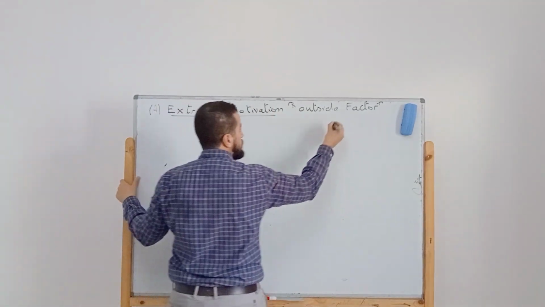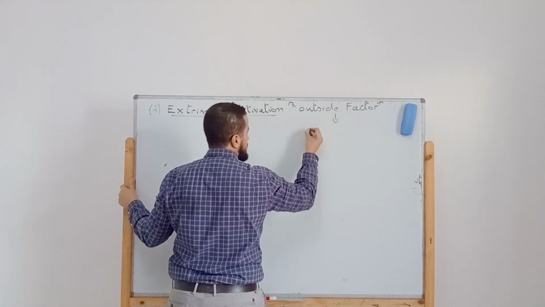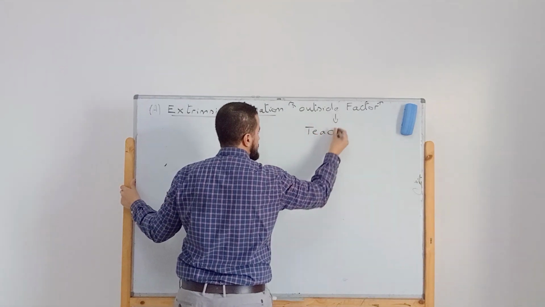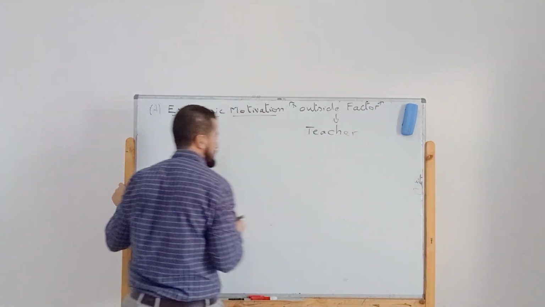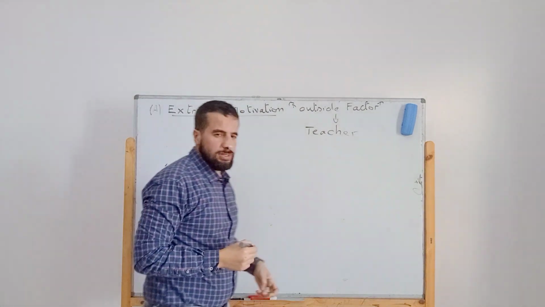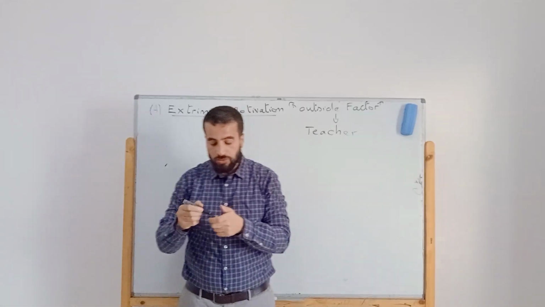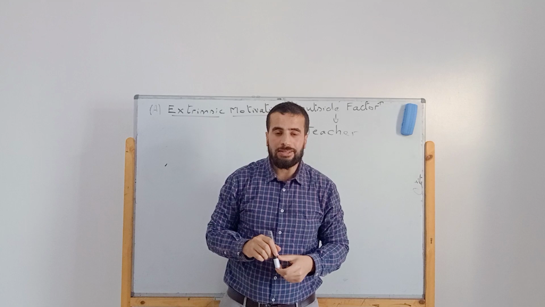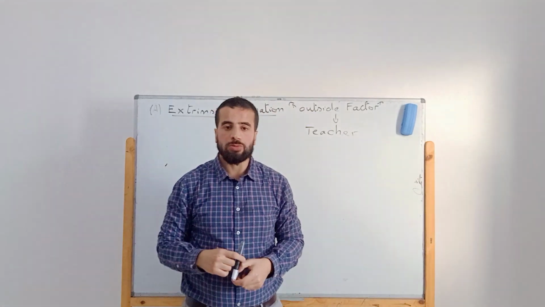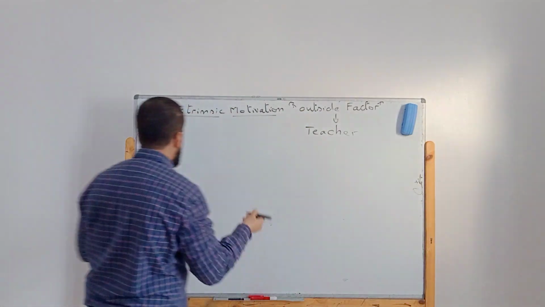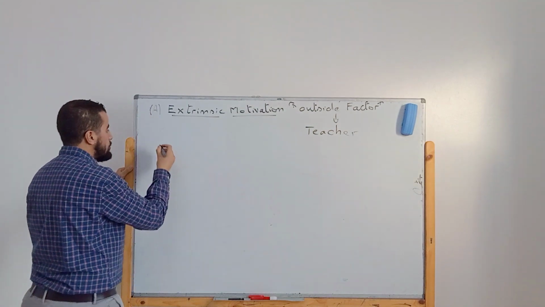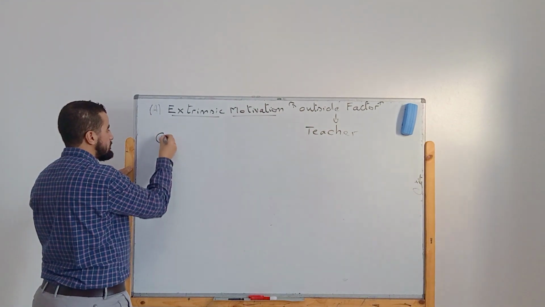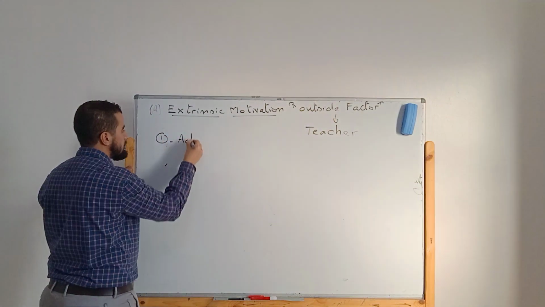So here we're addressing a teacher. Since we are dealing with a classroom, we talk about the teacher. All right. So how can you do this? The first thing you need to do is to relate your content with the learner's profile. The first thing is to relate. So we will talk about number one, activeness.